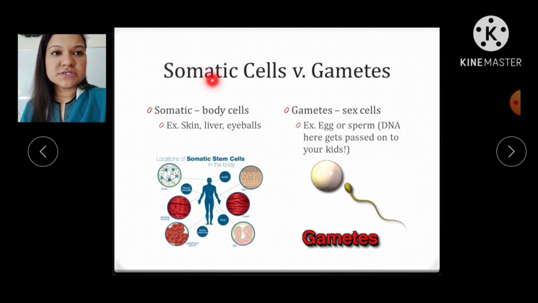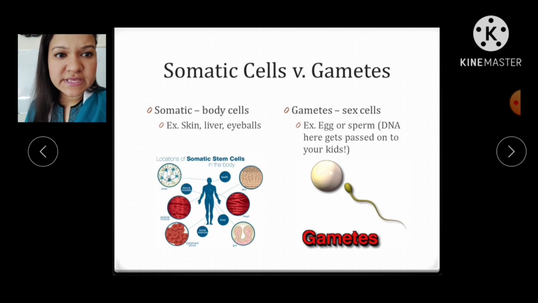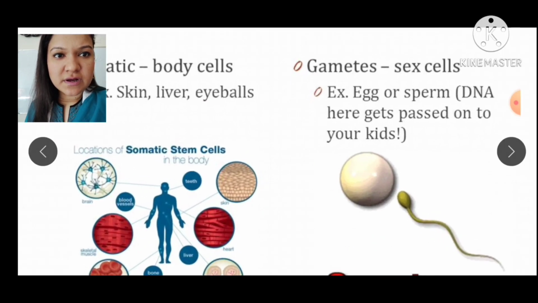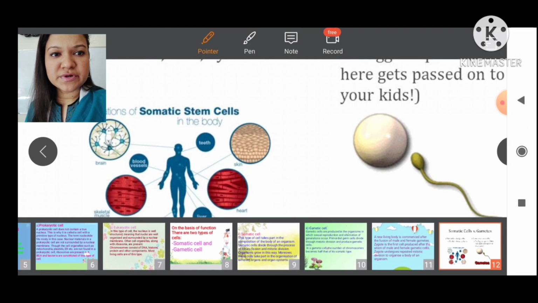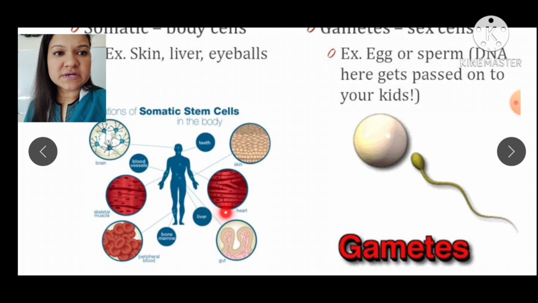Here are some differences between the somatic cell and gametic cell. Somatic cells, that is body cells, include skin, liver, eyeballs, brain, blood vessels, skeletal muscles, bone marrow, heart; all these cells are somatic cells.